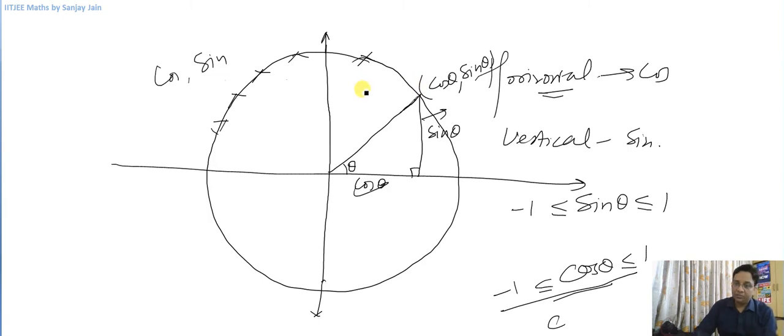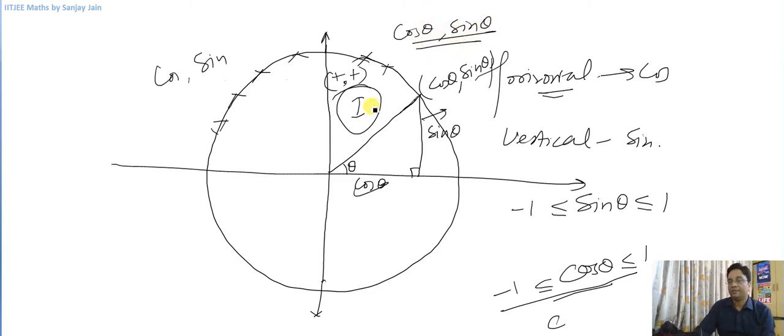And from our knowledge of coordinate geometry, we know that coordinates in the first quadrant, that is here, are positive. X is positive, Y is positive. Right? So cos theta and sine theta both are positive in first quadrant. In second quadrant, we know that x is negative and y coordinate is positive.